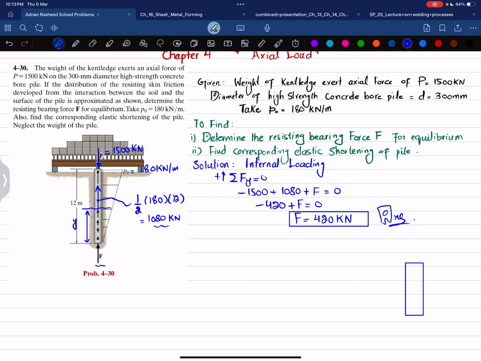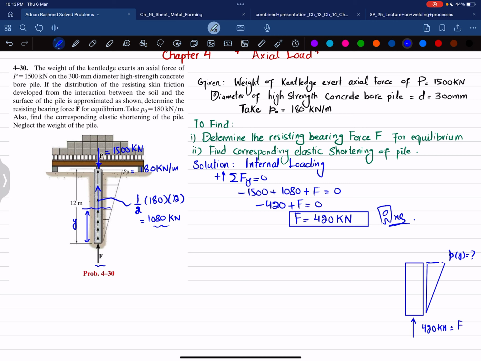This was your uniformly increasing, or triangular, load. Here the magnitude is not known, so we will call it p of y. At the base you have the resisting bearing force, which is 420 kilonewton. This is F.